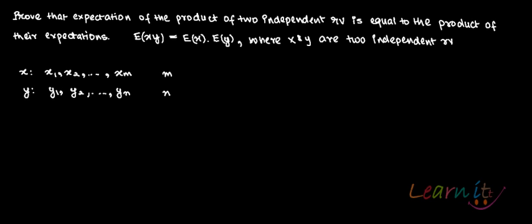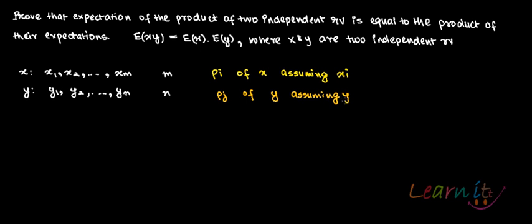Now pi is the probability of x assuming the value xi, while pj is the probability of y assuming the value yj.